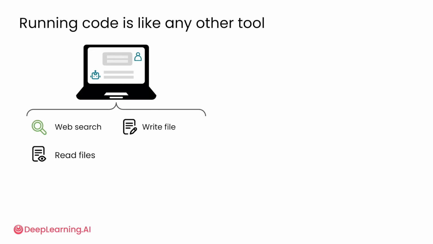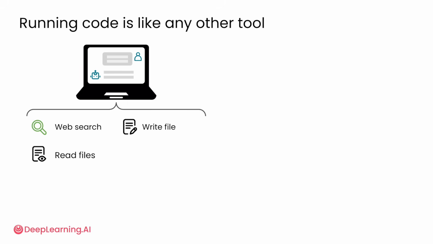How do AI models write and execute code? It turns out that the way it works under the hood, the ability to write and execute or to run code is like any other tool that the AI model might use. You've seen how an AI model might have tools to carry out web search or to read and write files and so on.